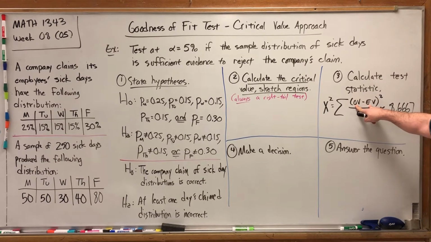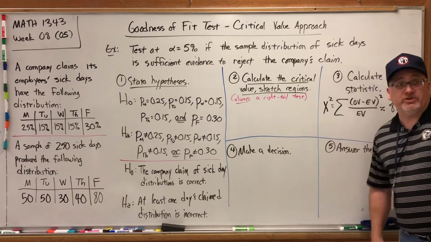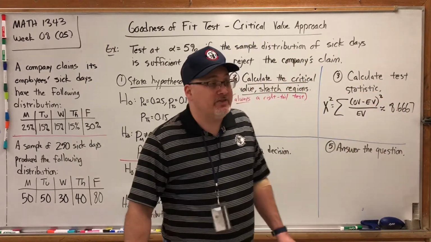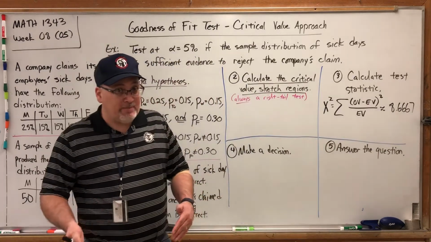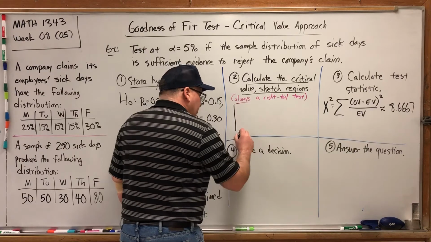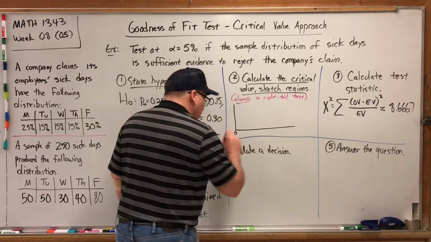If your sample perfectly agrees with your population claim, every one of these numerators ends up being 0, which means that your chi-squared ends up being 0. So a test statistic of 0 means perfect agreement between sample and population claim. Recall that the chi-squared distribution is non-negative and starts at 0.